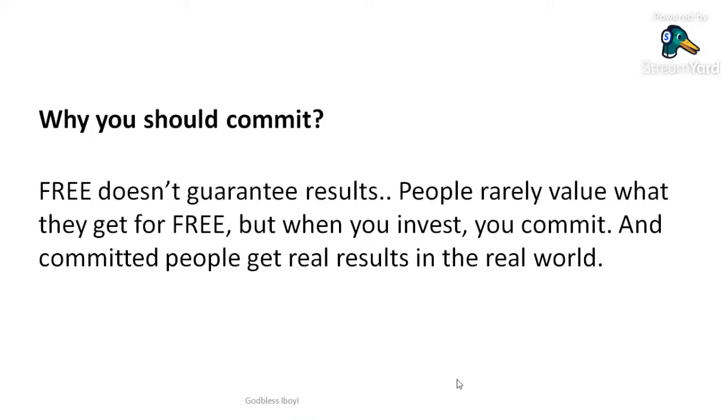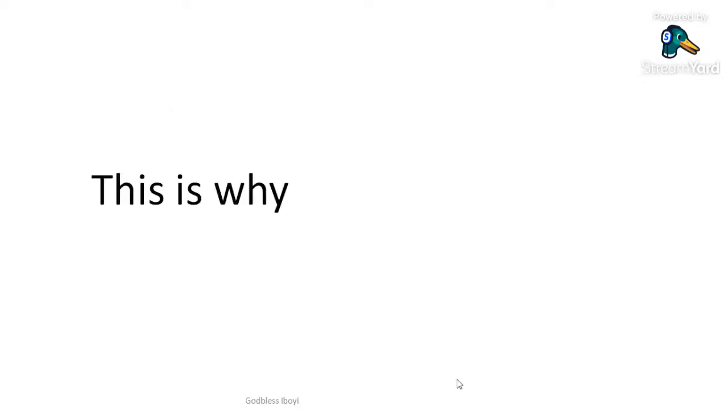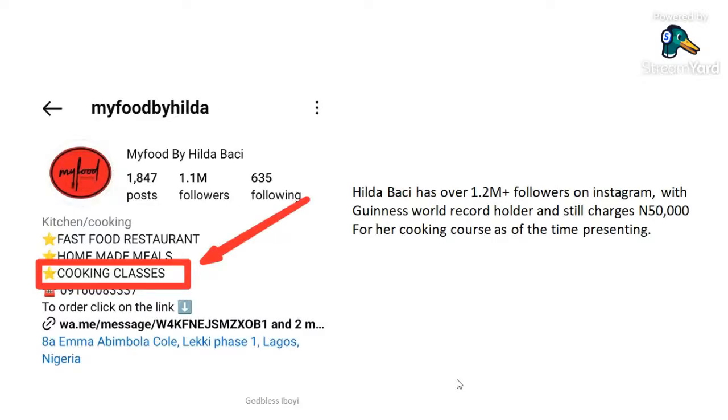The word free does not guarantee results. People rarely value what they get for free. But when you invest, you commit, and committed people get real results because they pay attention, right? This is why Ida Baba, with 1.1 million followers on Instagram and a Guinness World Record holder, is charging over 50,000 naira for a cooking course.